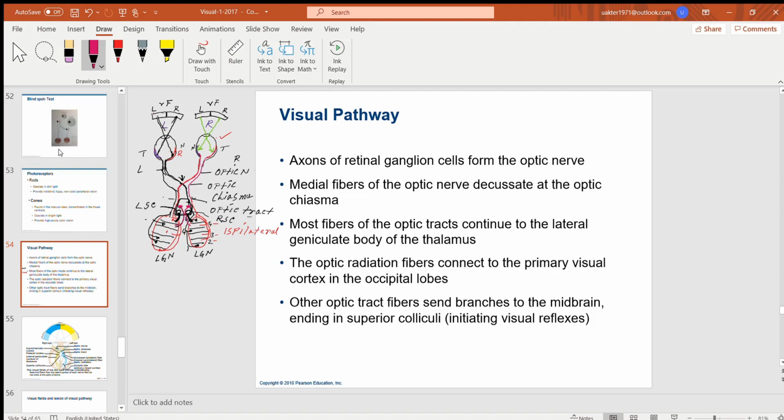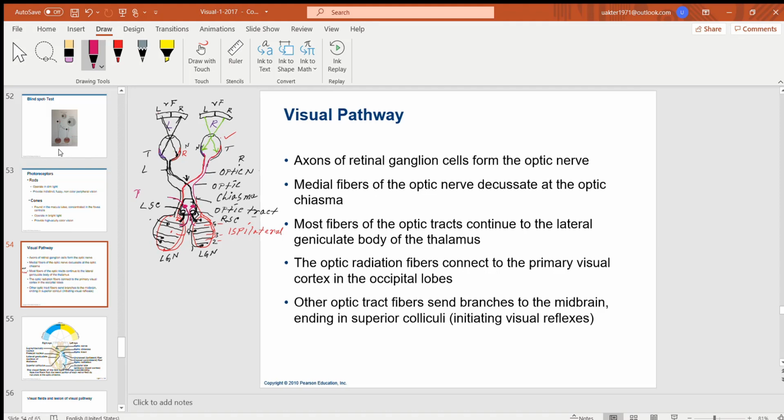These are called the pretectal nuclei, right and left. Very important. So the pretectal nuclei receive signal from the lateral geniculate nucleus of the respective side.